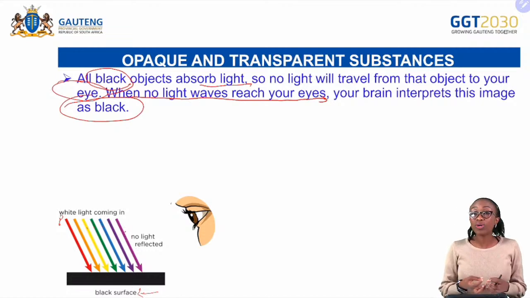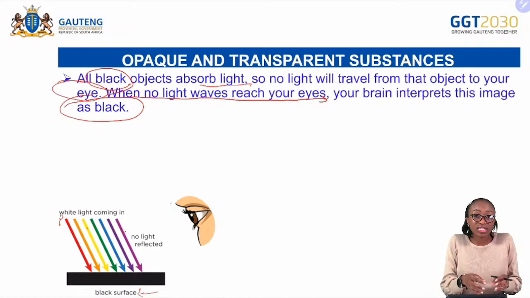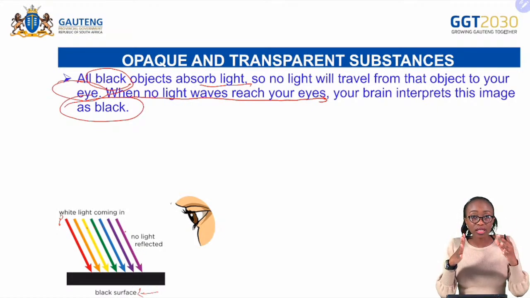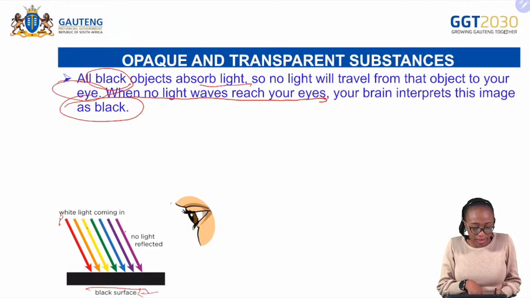Remember, the light is either reflected by the opaque substance or absorbed. In this case, all the white light coming in, the 7 colors that make up the white light, are all absorbed, and no light is bouncing off the surface. Then the brain is going to register a black surface, because none of this light is going into this person's eye.